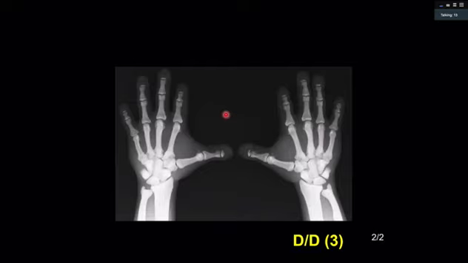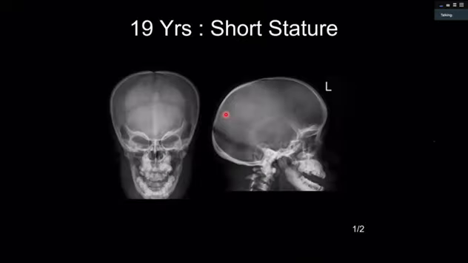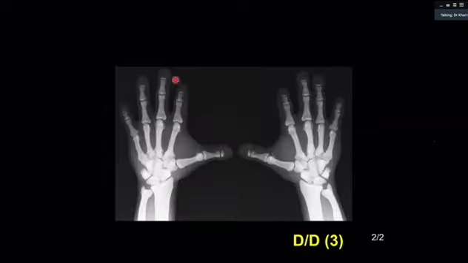Acro-osteolysis, right. So now in pycnodysostosis also, clavicles can be absent, or part of the clavicles can be absent. There can be Wormian bones and things like that. Acro-osteolysis can be there. In cleidocranial, usually there is no acro-osteolysis.